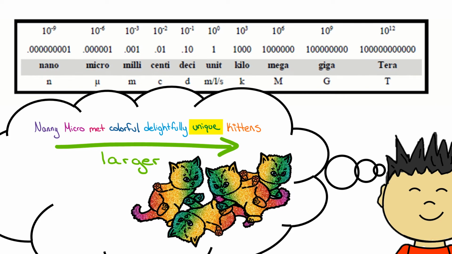So before we start with the actual practice problems, I want you to make sure that you understand how to read this little chart. So in the middle, right here, this would be all of the base units. So it would be, for instance, meters, liters, seconds, and so forth.